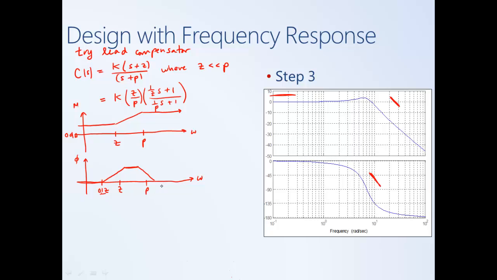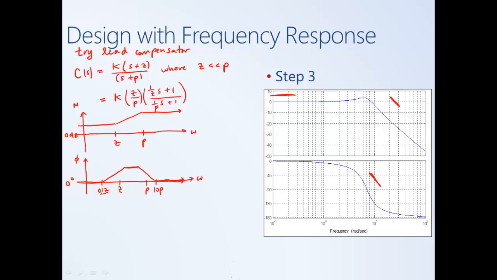And ultimately it'll stop going down 1 decade after the pole. And we know that it will stop going down at 0 degrees. So it starts at low frequencies at 0 degrees, and at high frequencies it goes back to 0 degrees.